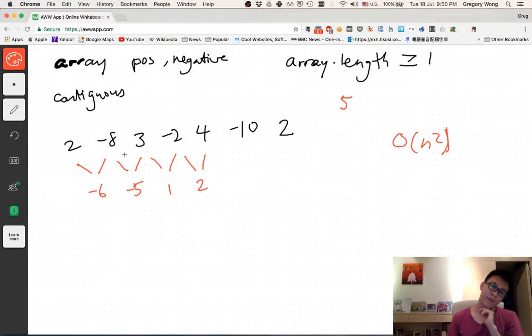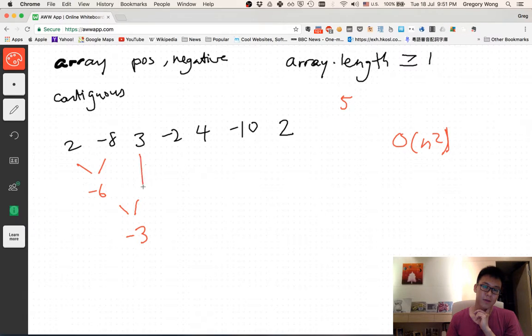So if I sum -6 and 3, it would be -3, and then if I sum this together it would be -5. If I sum those numbers, I would have -1.